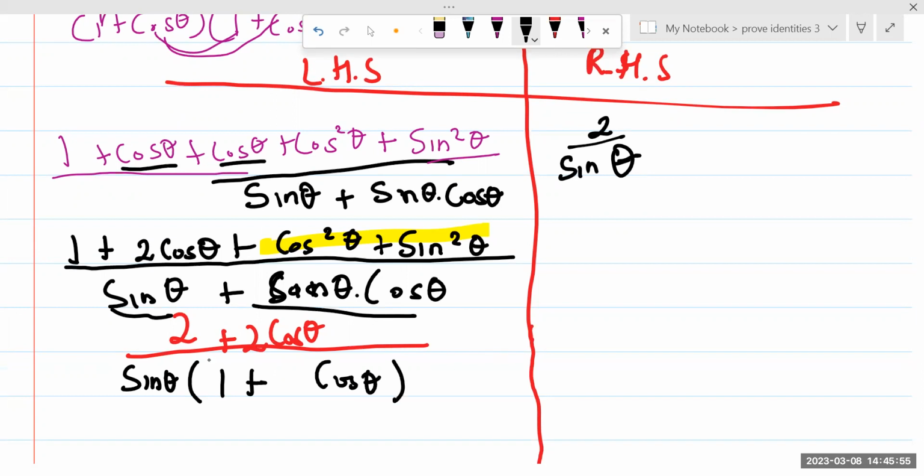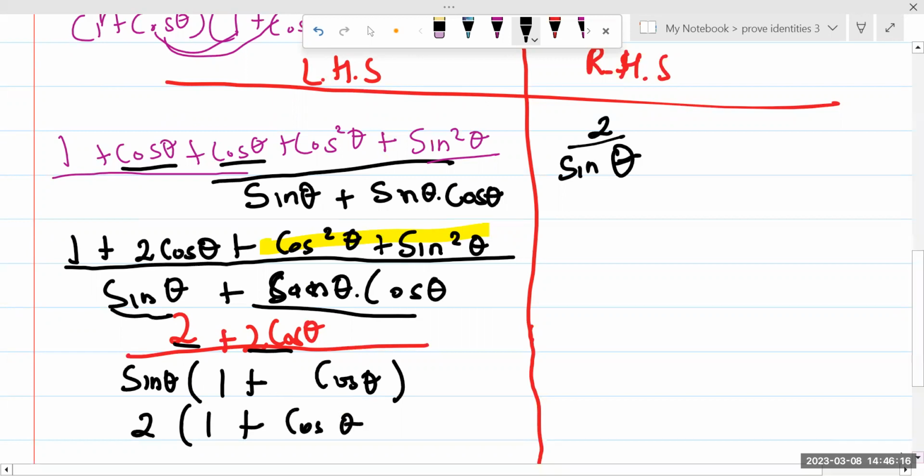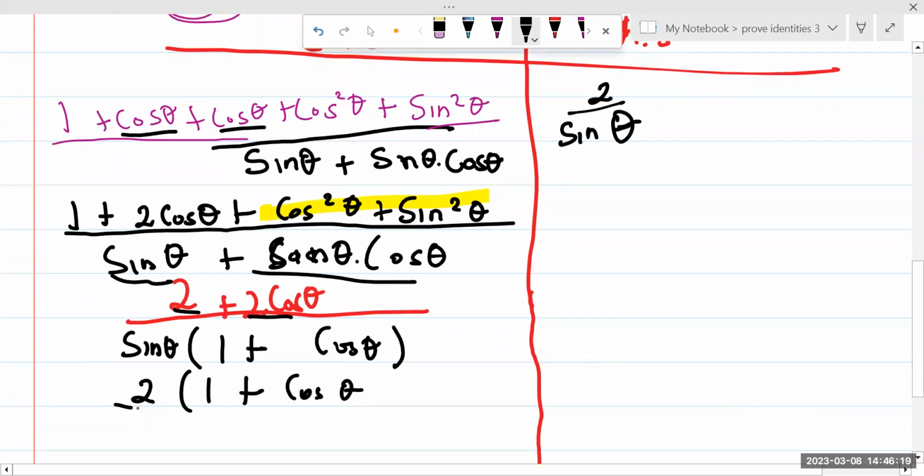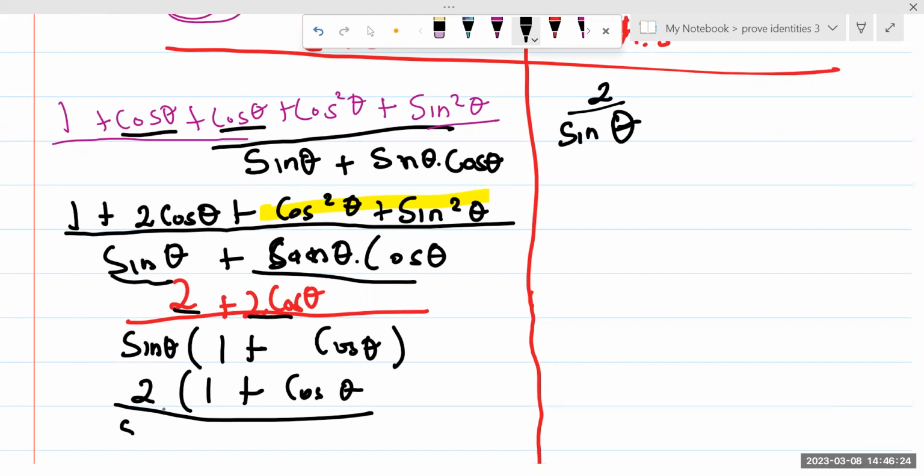Now on our numerator, come and check here. Is there anything common here? This is term number 1. This is term number 2. Is there anything common between these 2 terms? What's common? 2. So if we take out 2 as common, what are we going to remain with here? 1. So here we are left with 1 plus, if we take 2 here, what are we going to be left with here? Cos theta. And then we're going to have the sine of theta all over 1 plus cos theta.